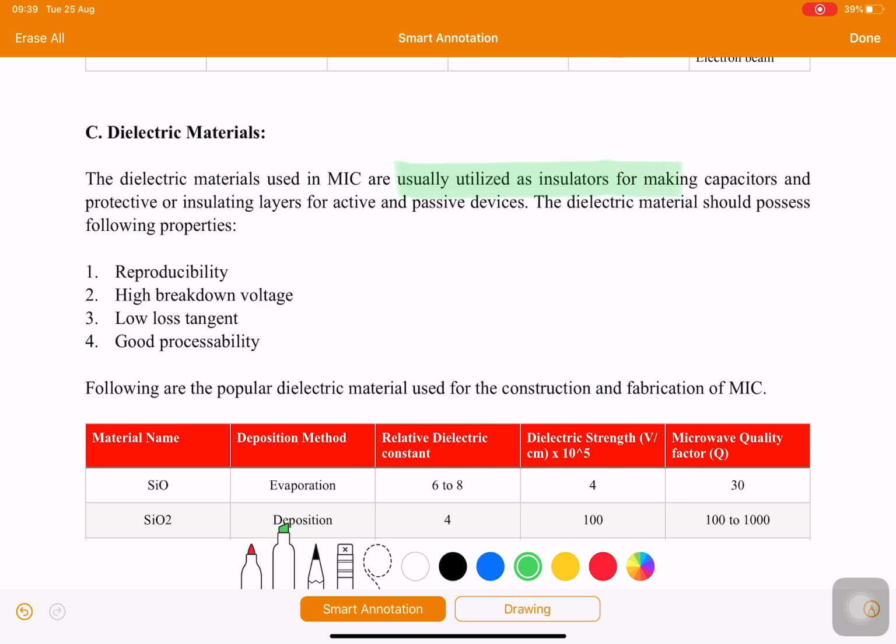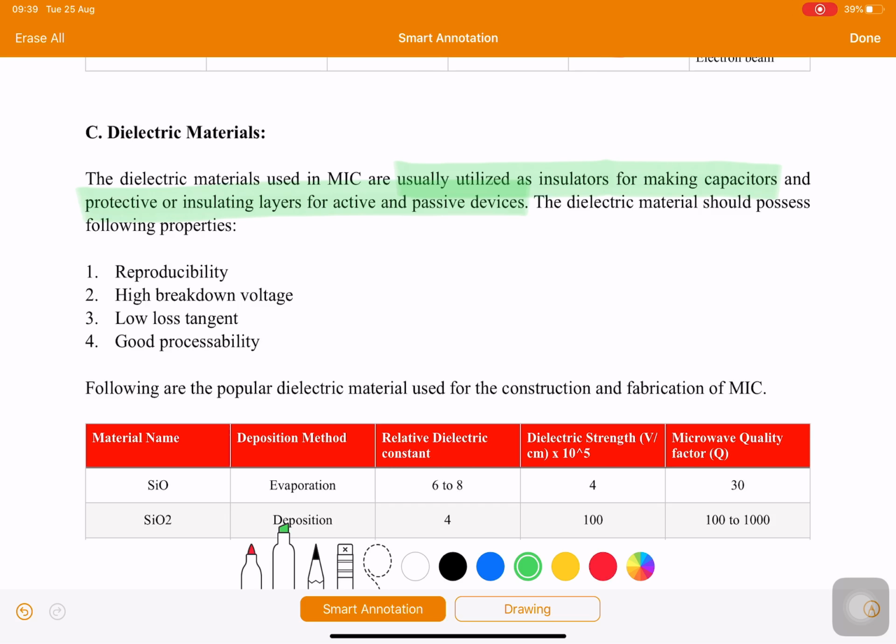The dielectric materials are utilized as the insulators for making capacitors and making protective or insulating layers for active and passive devices. Okay, so this is the main use of the dielectric material in the construction of microwave integrated circuits.